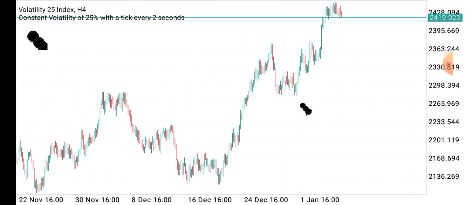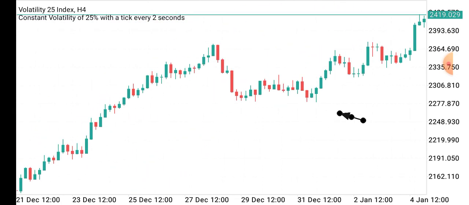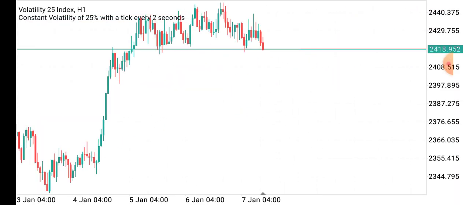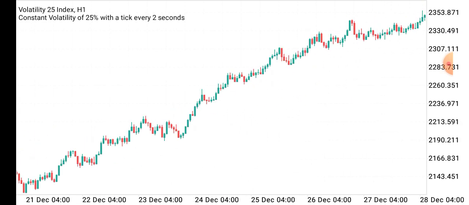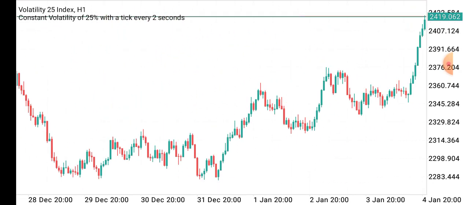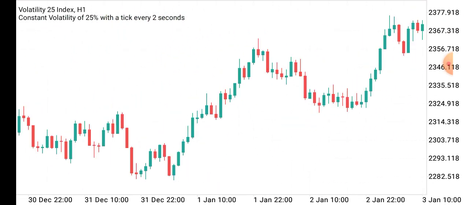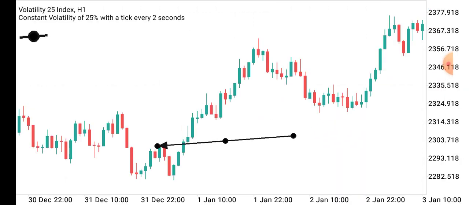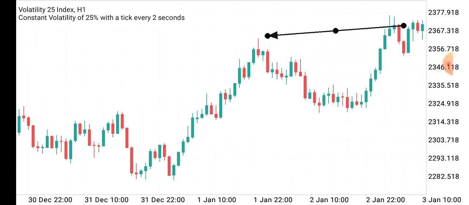Yes, that's what I used in entering my trade. On the 1 hourly time frame, we had a double bottom also. Yeah, this is the double bottom on the 1 hourly time frame, which I also found right here. So I entered my trade at this point, I think, and I took this trade and made some massive profit.